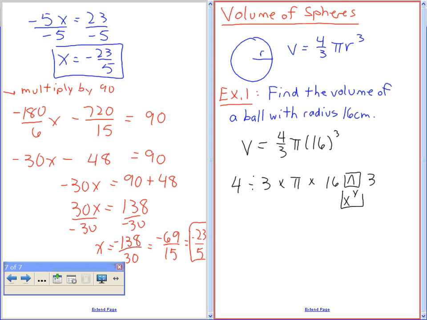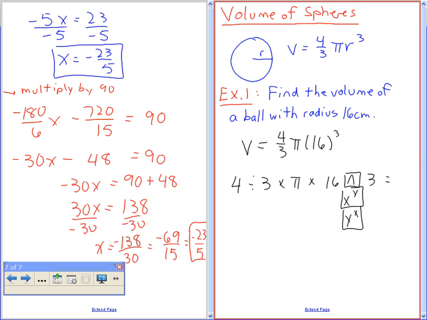Every calculator is different. So that's the way you're going to do it. Please remember the exponent button, guys. On your calculator it's going to be either raised to the power or y to the x.